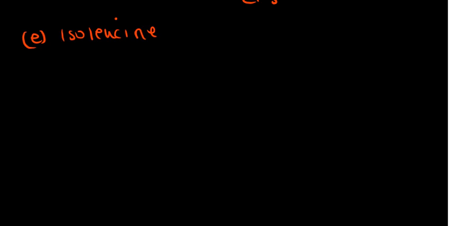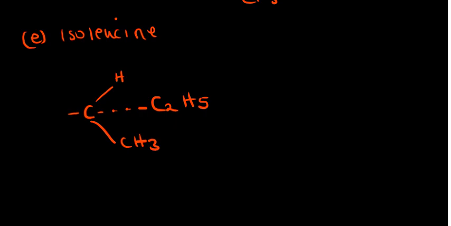For isoleucine, we have C attached to a hydrogen here, and this one gets attached to C2H5, then also attached to a CH3 here. So this is the other group for isoleucine.